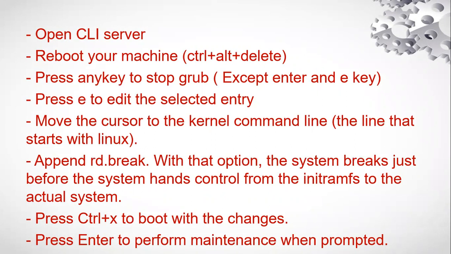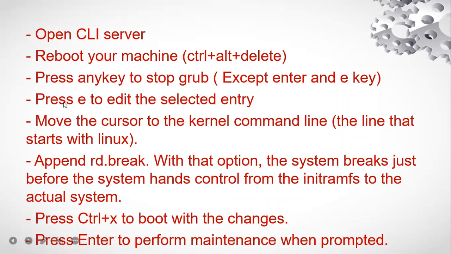Okay. So step by step, I have mentioned here how you can go. Open the CLI server. Basically, you have to perform this task in CLI servers. Then reboot your machine by pressing Control Alt Delete. Then press any key to stop the GRUB except Enter and E key. We have to stop the GRUB from loading our system.